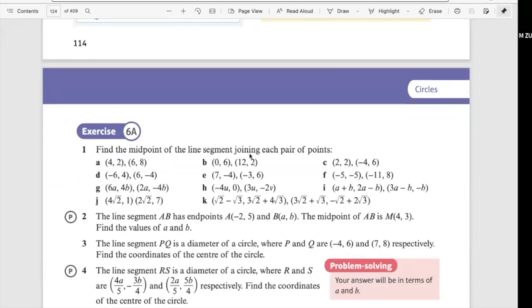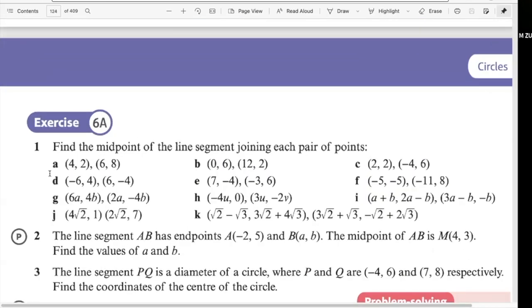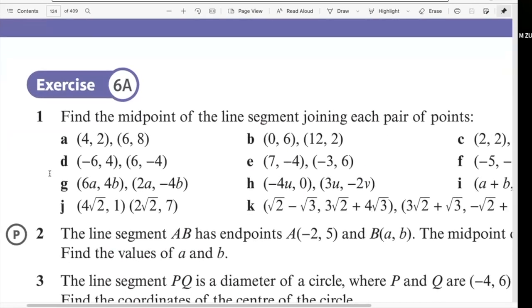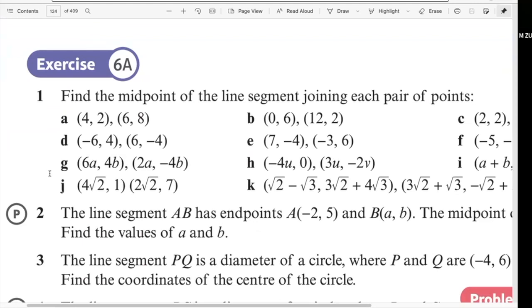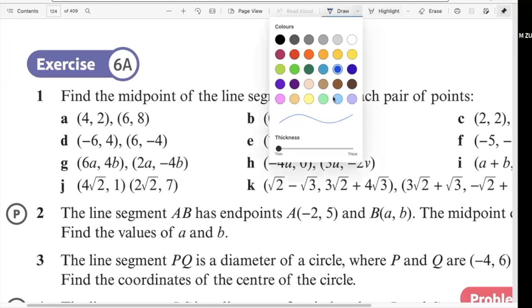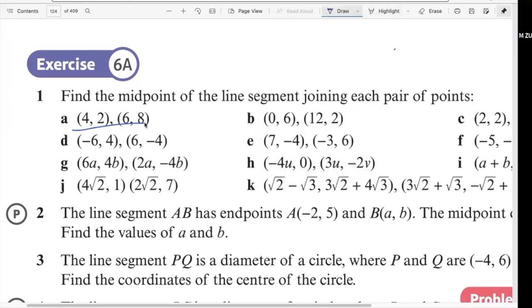Find the midpoint of the line segment joining each pair of points. So can you do this? Midpoint, do you remember what the formula was? y2 minus y1 over x2 minus x1, that is the gradient. The midpoint is x1 plus x2 over 2, y1 plus y2 over 2.